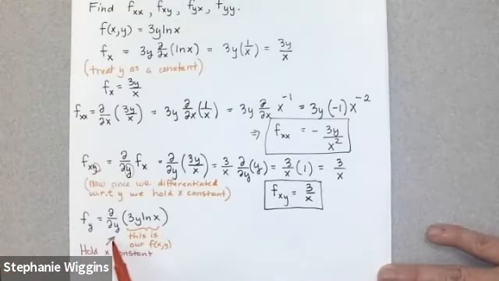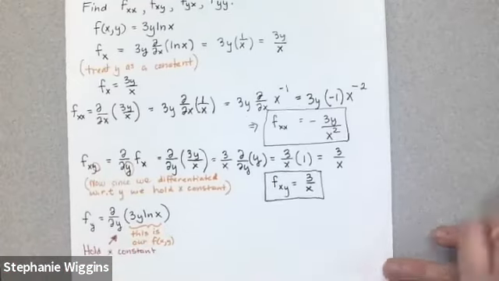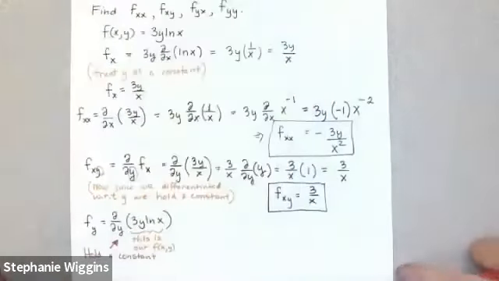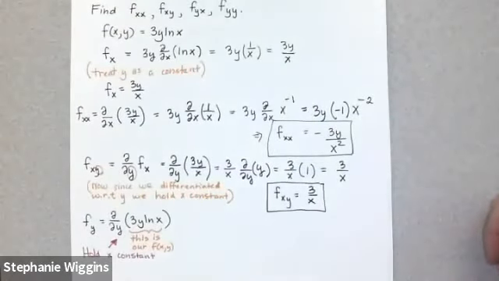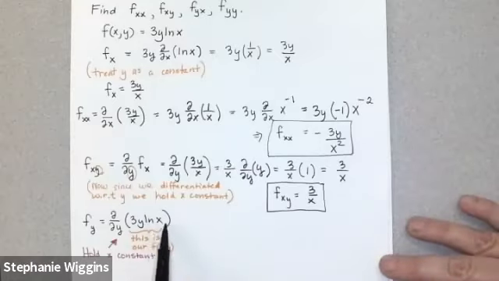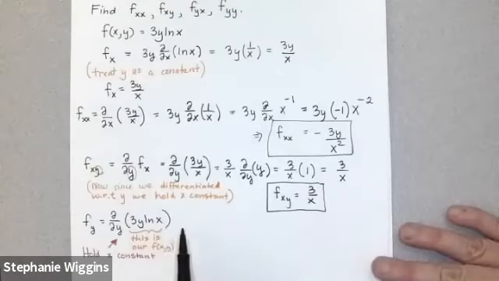Okay? And since x is a constant, the natural log of x is also a constant. It's like taking the natural log of 3 or 2 or something like that. You just put it in your calculator and out comes a constant number, right? So this here is a constant, or we treat it that way.